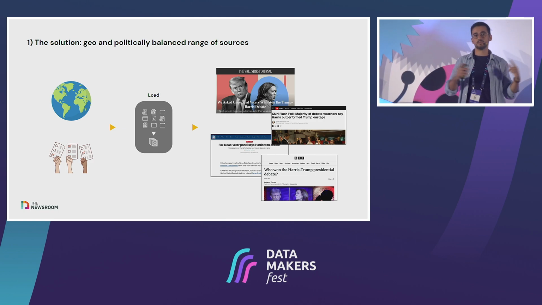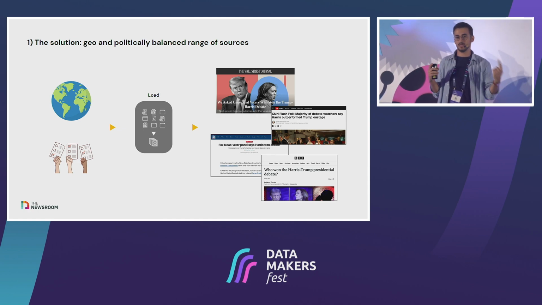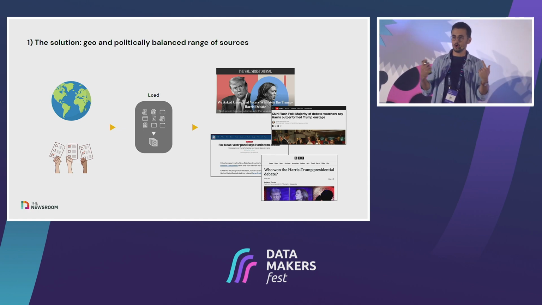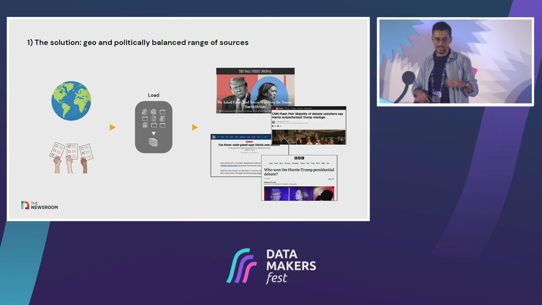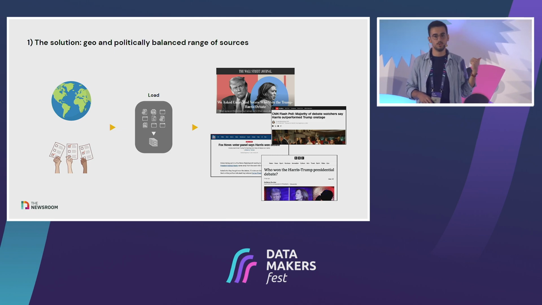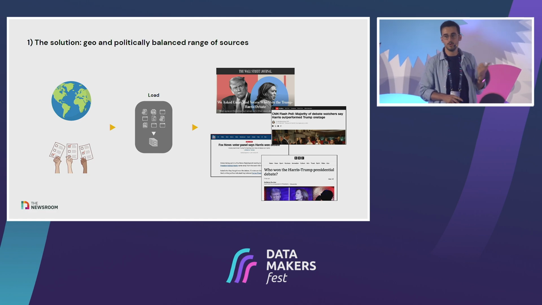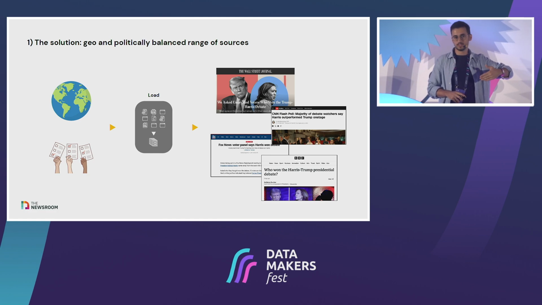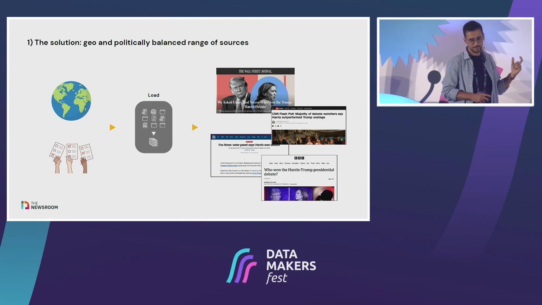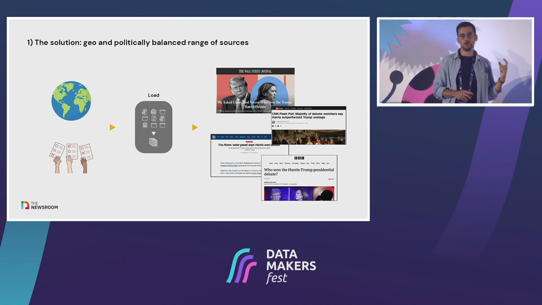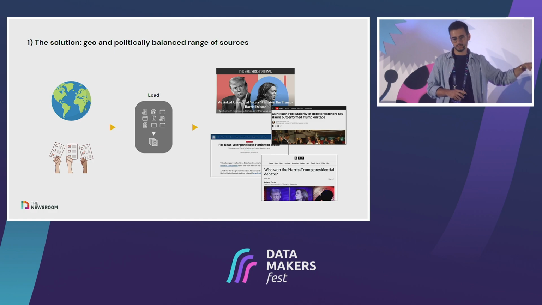And the second one is the opinion spectrum. We want to make sure that when there's a question asked, the documents we retrieve give a broad set of opinions on what happened. And so if you do the same query with our system, you end up getting a big range of sources that have slightly different opinions about what happened in this event, as well as some sources that are not only exclusively US focused.